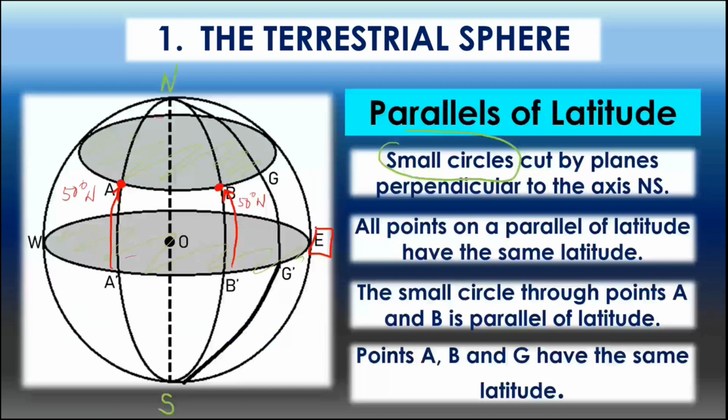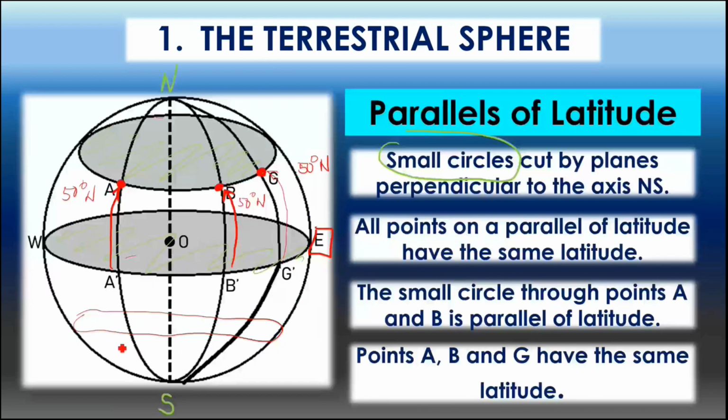Also, another one, point G here, has the same latitude. From the equator going to point G, it has an angular distance of 50 degrees north. So this is the latitude. By the way, if there's another circle here, it will be the same.